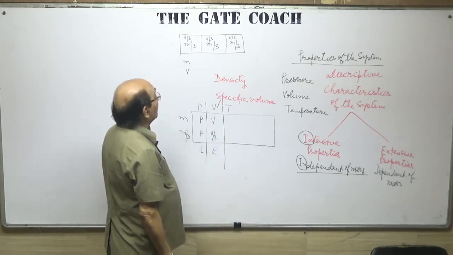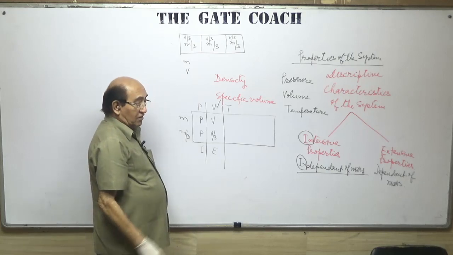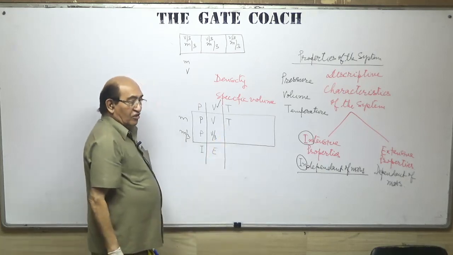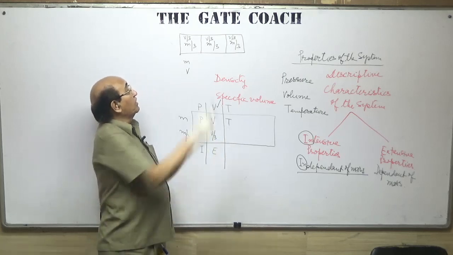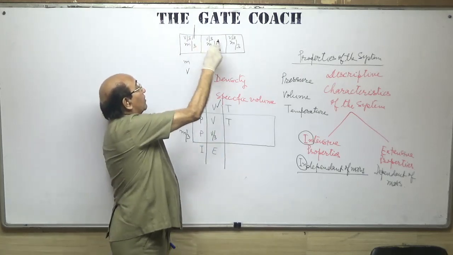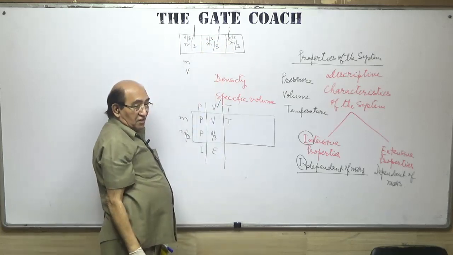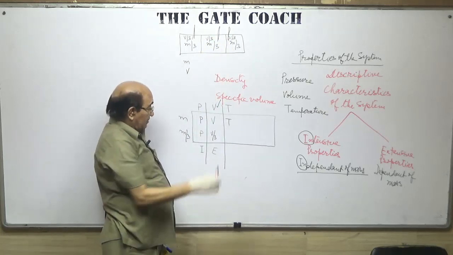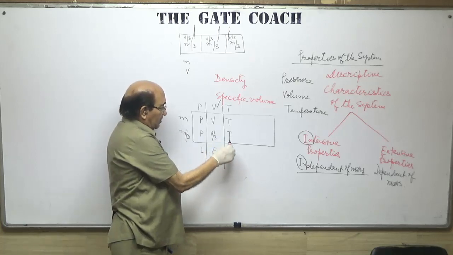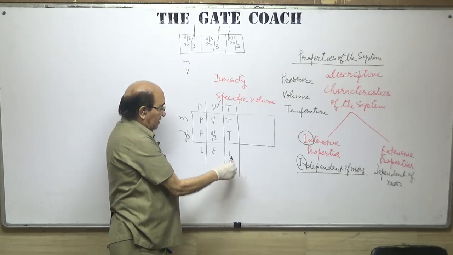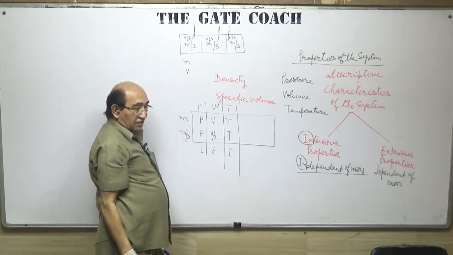Now temperature: mass is m, I put a thermometer and read the temperature T. Now in each compartment, I put down the thermometer, temperature indicated shall be the same. So temperature is independent of mass, and hence it is an intensive property.